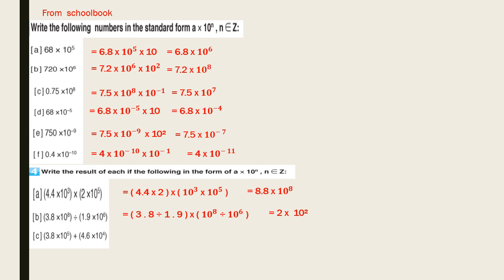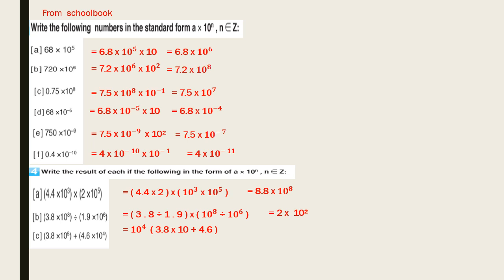We will take 10 to the power 4 as a common factor. We will have 3.8 times 10 to the power 5 divided by 10 to the power 4, it will remain only 10, plus 4.6, and 10 to the power 4 divided by 10 to the power 4 equals 1.